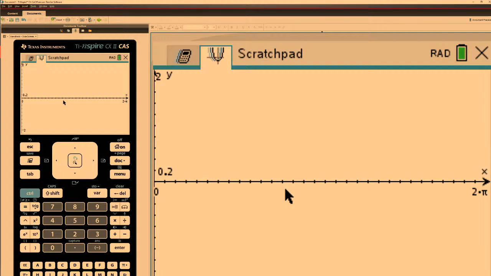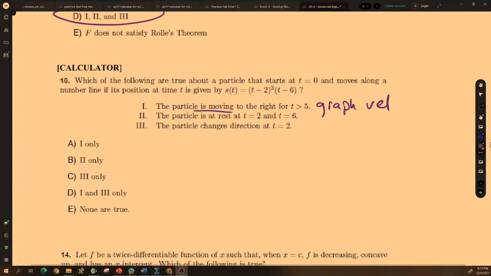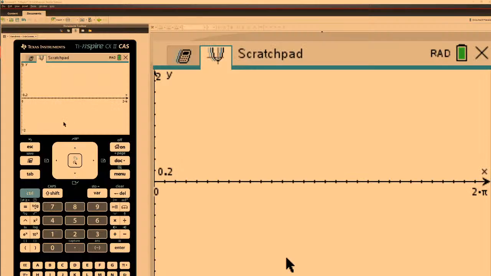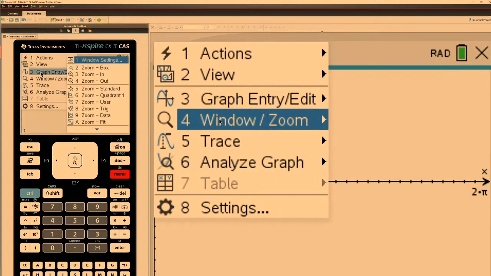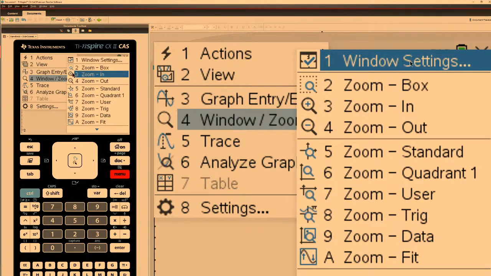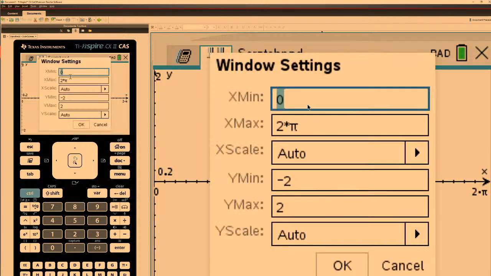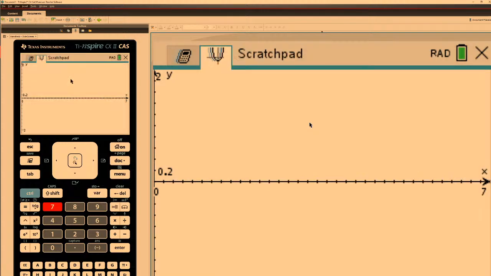And then choice A said time 6 or time 5, and choice B said time 2 and time 6. So one thing that I think is good to practice is you could go to the standard zoom, but you could also just say, okay, I know that we're starting at 0 and we're going up to about 6. So maybe past 6 a little bit, go to 7.